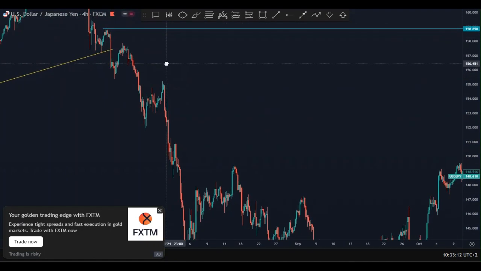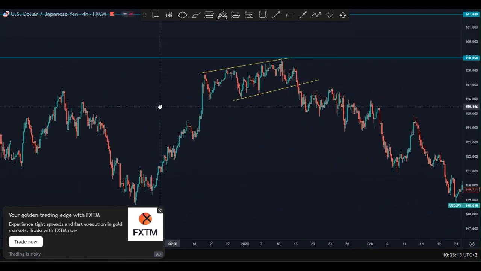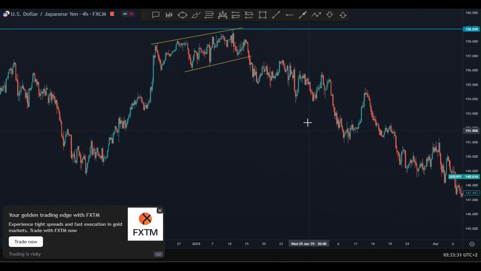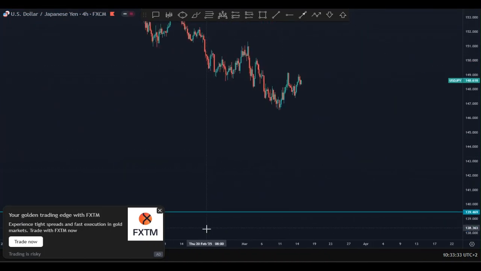That shows you that that is a very valid hook point right there. And as you guys can see, what we identified on the daily, we had a 1, 2, 3 touch, guys. On the third touch right there, you could have taken your entry out of this candle right there, or at the break of the structure right there, and then ridden the move to the downside. But we're not there now.